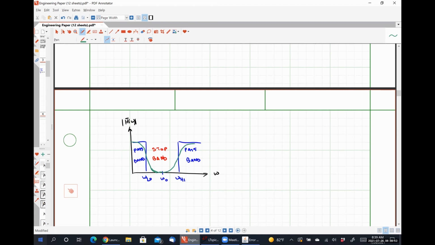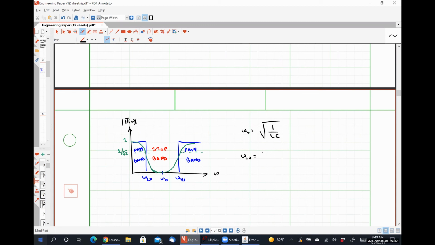And in a practical case, it's going to look something like this, where these transition frequencies, if this is 1, this is still going to look like 1 over the square root of 2. And we will see that omega naught is the square root of 1 over LC.